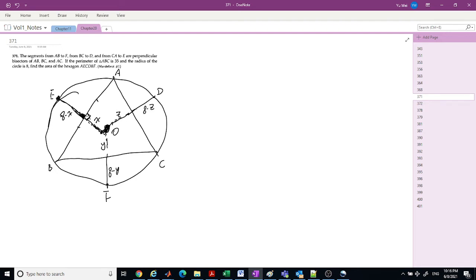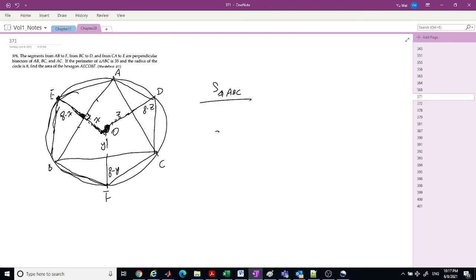So you can see we can cut this hexagon into two parts. The first part is the triangle ABC.